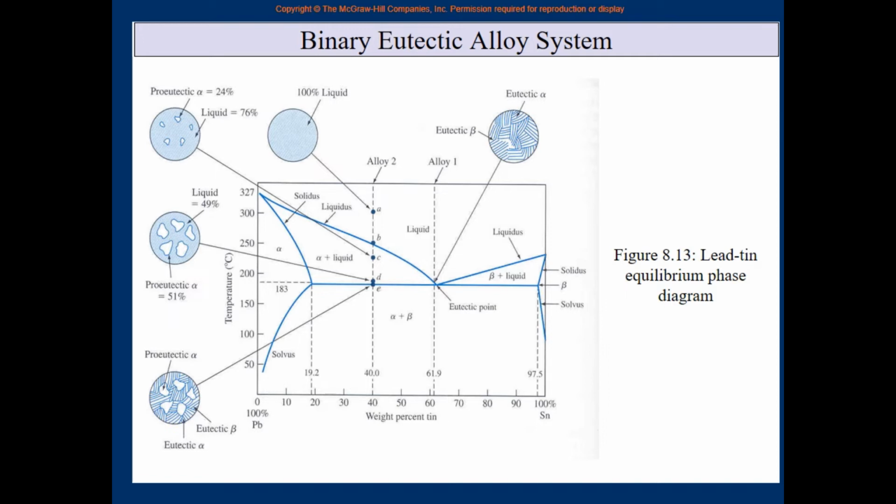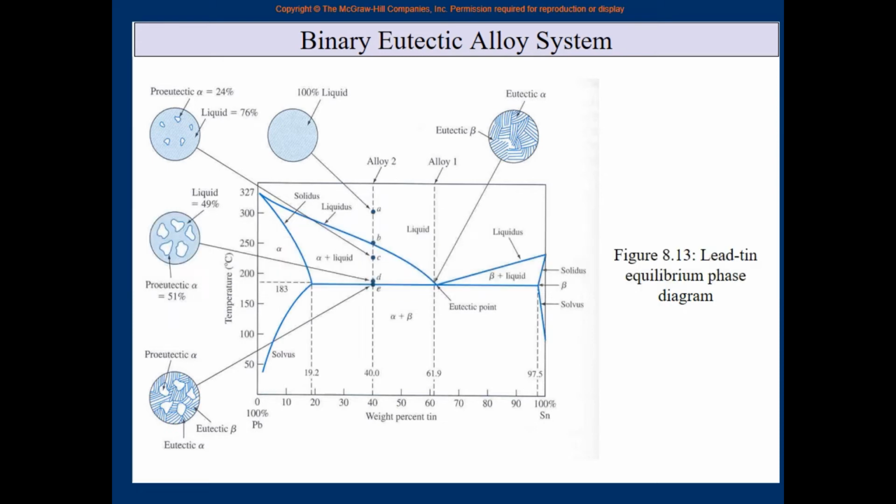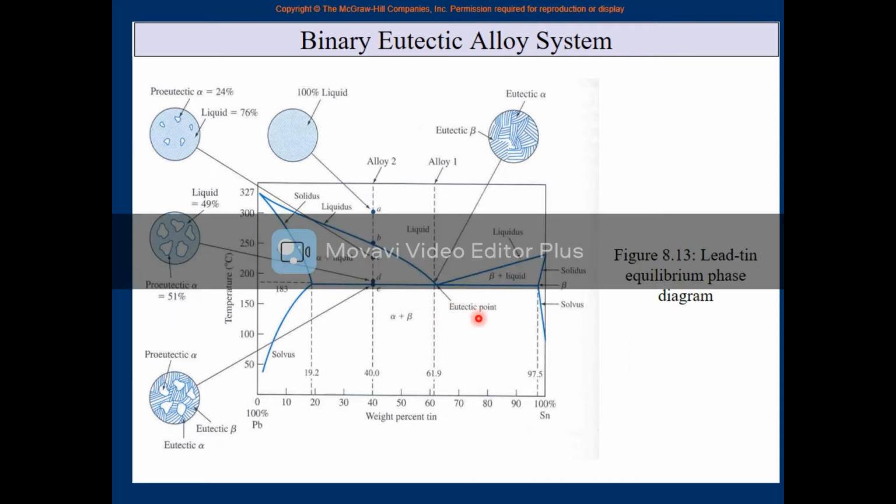So if the alloy composition is 61.9% tin and the temperature is 183 Celsius, the liquid will suddenly change into two solids, alpha and beta. There is no normal change where the liquid first changes into liquid plus solid. This very special point, where the liquid directly changes into two solids, is known as a eutectic point, and this reaction is called a eutectic reaction.